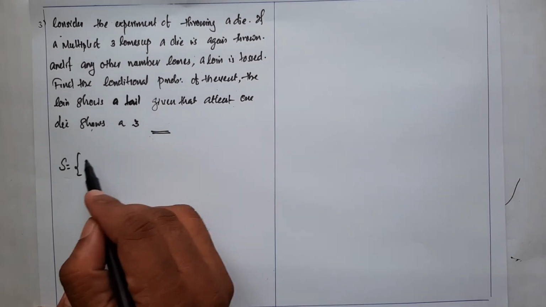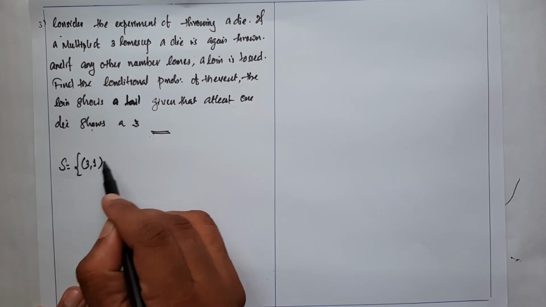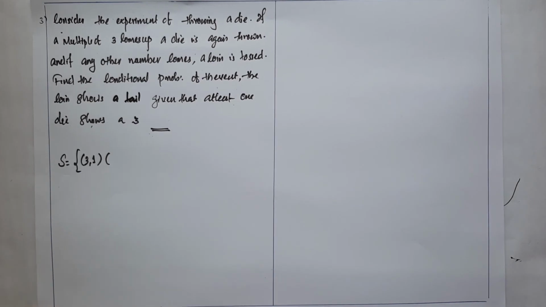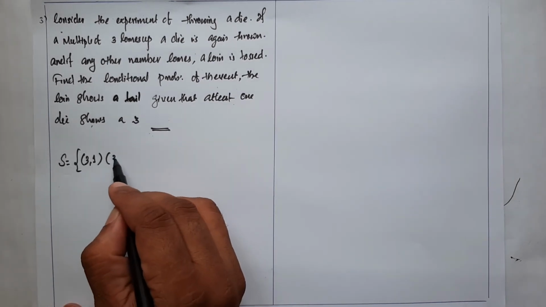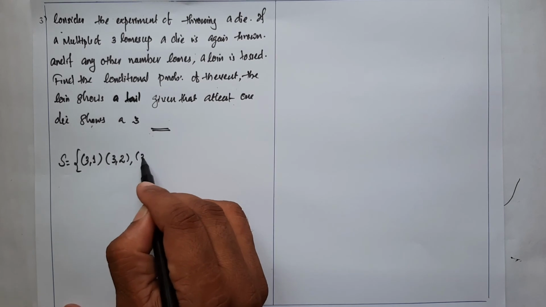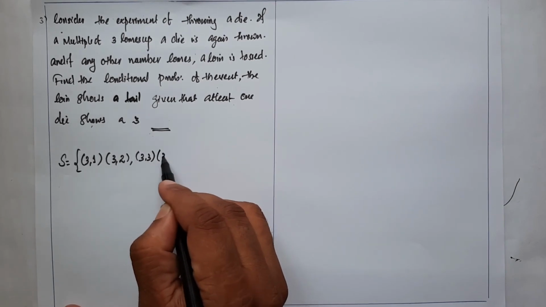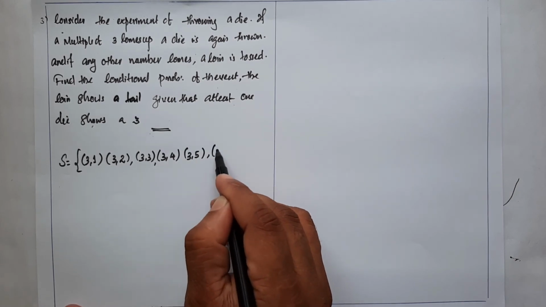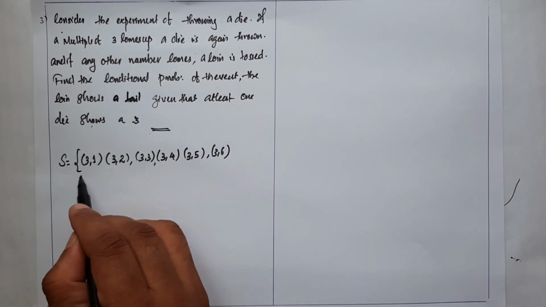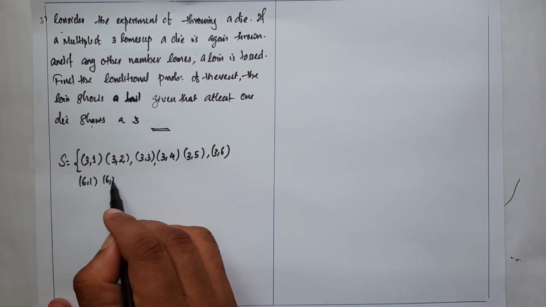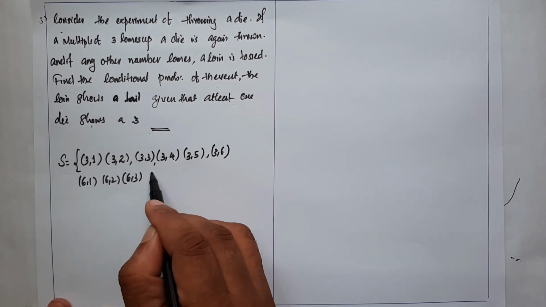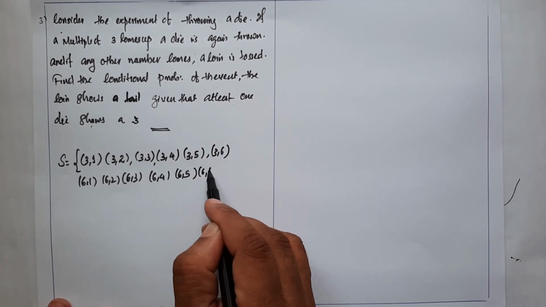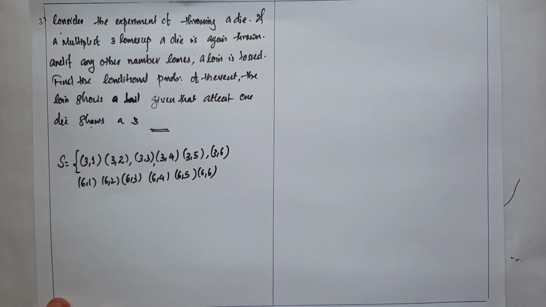That means if we get 3, we throw again. The possible outcomes are 3,1; 3,2; 3,3; 3,4; 3,5; 3,6. Then 6,1; 6,2; 6,3; 6,4; 6,5; and 6,6.